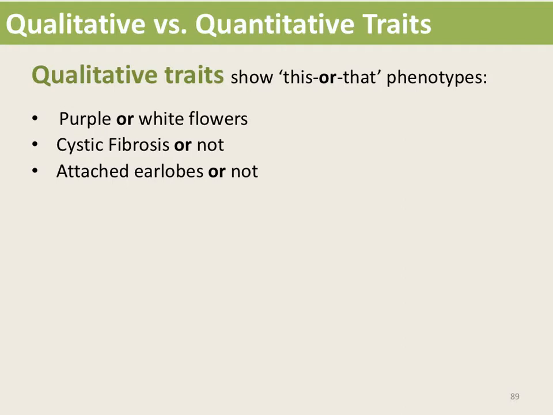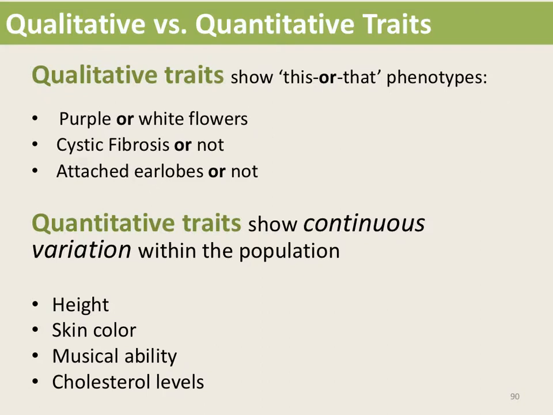Cystic fibrosis is the same sort of thing. It's a qualitative trait, single gene. It's recessive, so you need 2 copies. That means both of your parents have to be carriers. Attached earlobes are the same sort of thing.